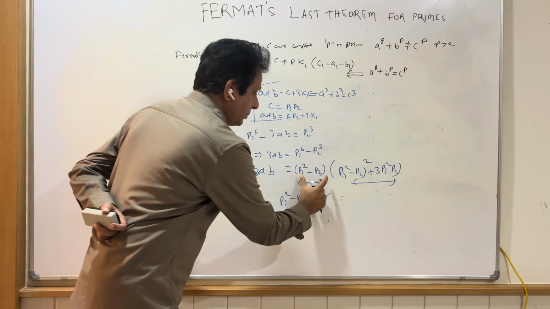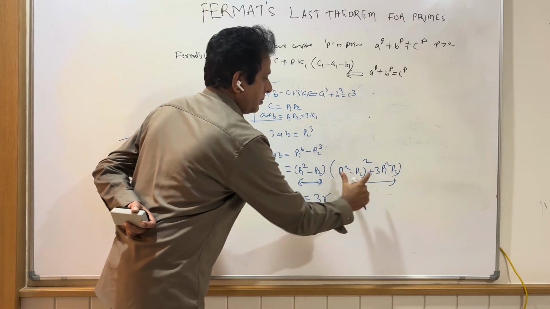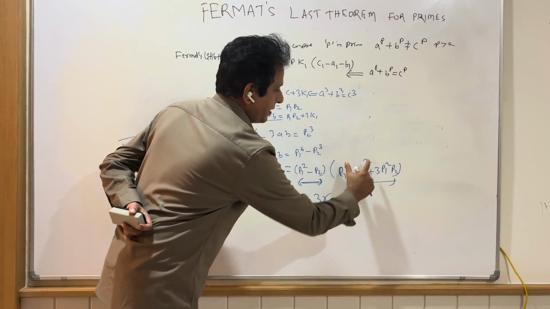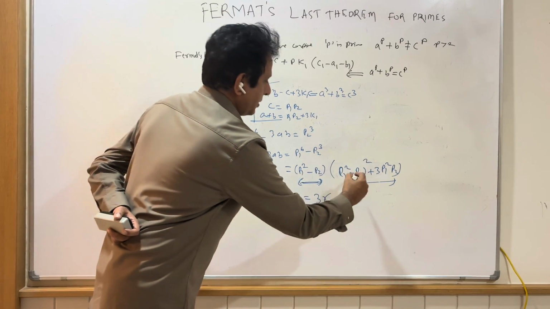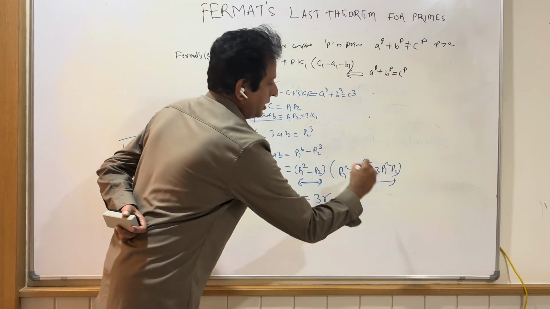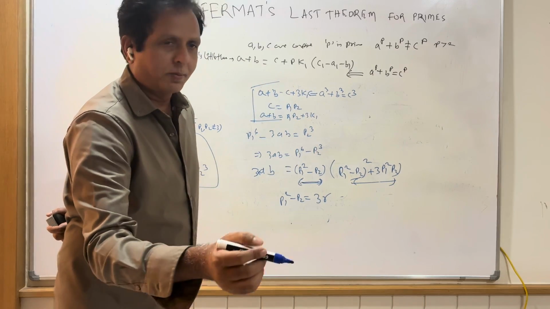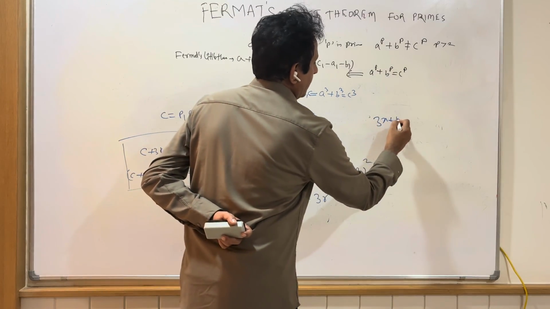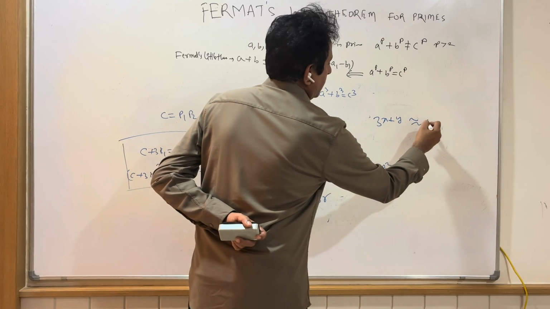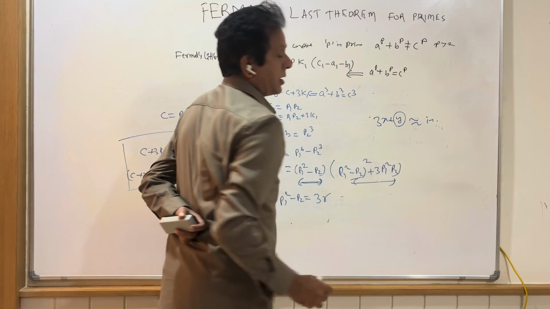If it is not a 3 multiple, then this is not a 3 multiple, and that is not a 3 multiple, because that's a square, plus 3 into something. So 3 into something plus a non-multiple of 3 is not a multiple of 3. Something like 3x plus y is not a 3 multiple if y is also not a 3 multiple.